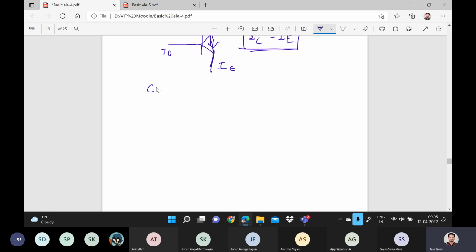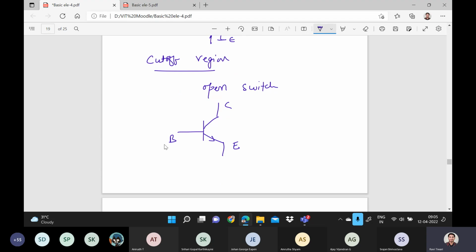The third region, as I told you, is the cutoff region. Cutoff region means it will behave as an open switch. So what will happen if I draw a BJT like this? This is your collector, this is your emitter, this is your base, for example. It will behave as an open switch.